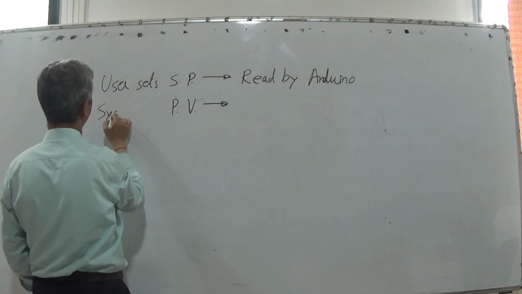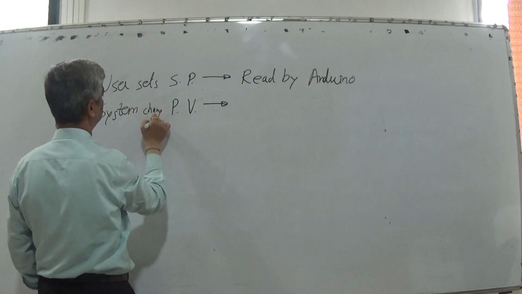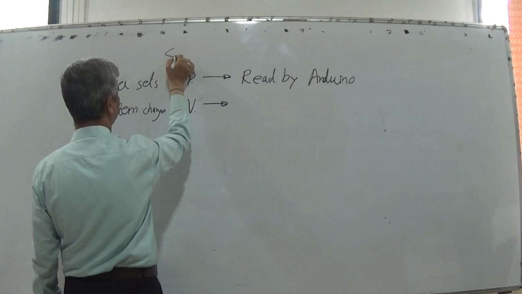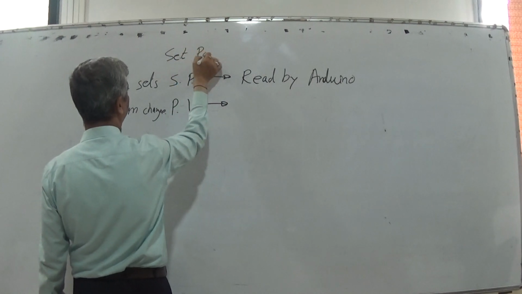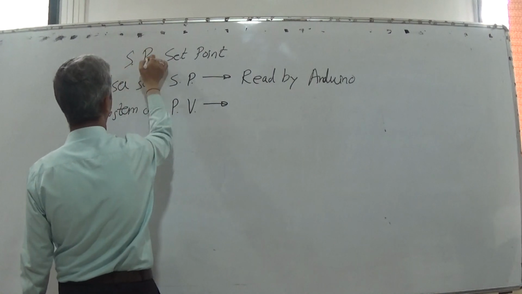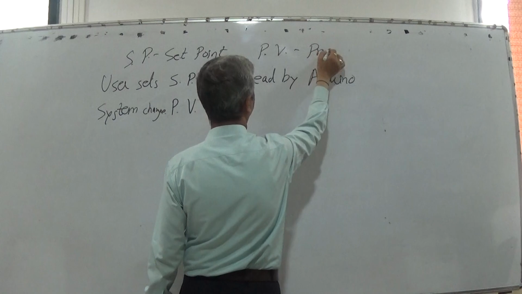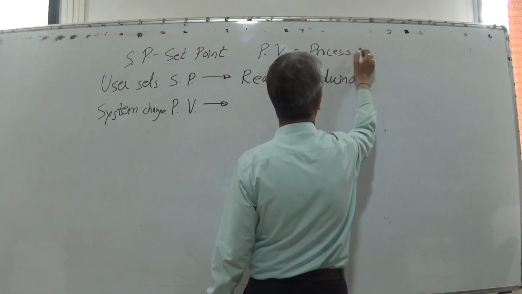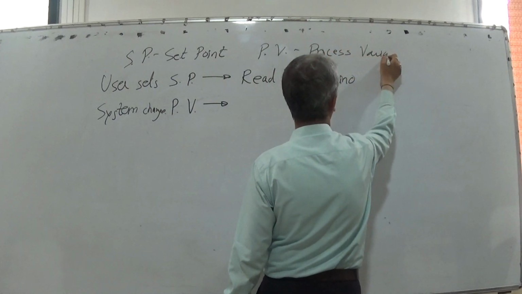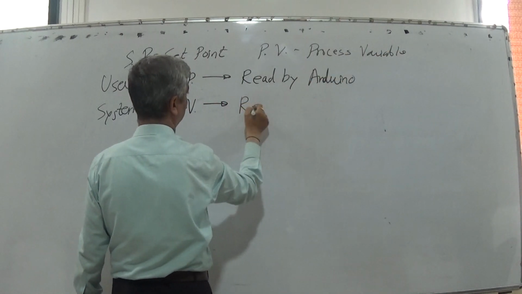SP is set point. PV is process variable. The system changes the process variable. It is read by Arduino.